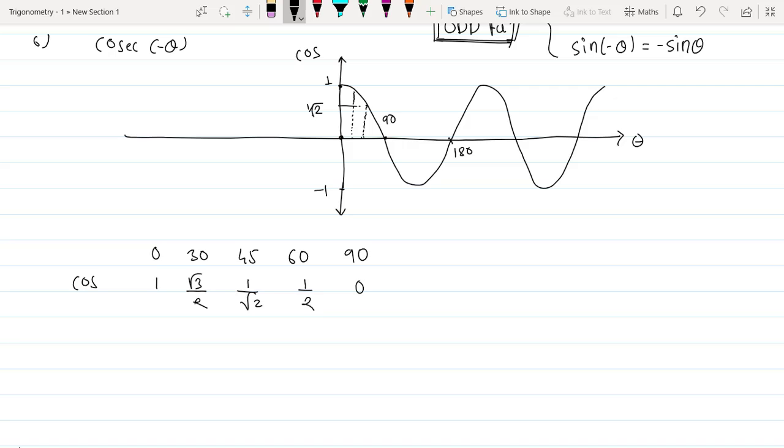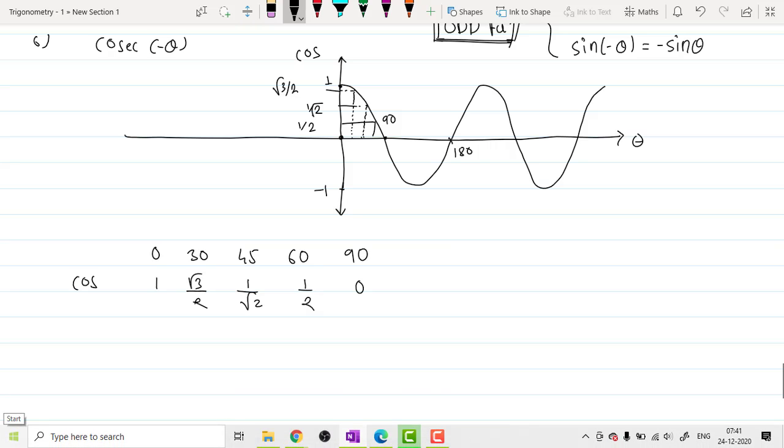For 30 degrees the value is √3/2, and for 60 degrees the value is 1/2. Is it okay? So this is the graph for your cos function.